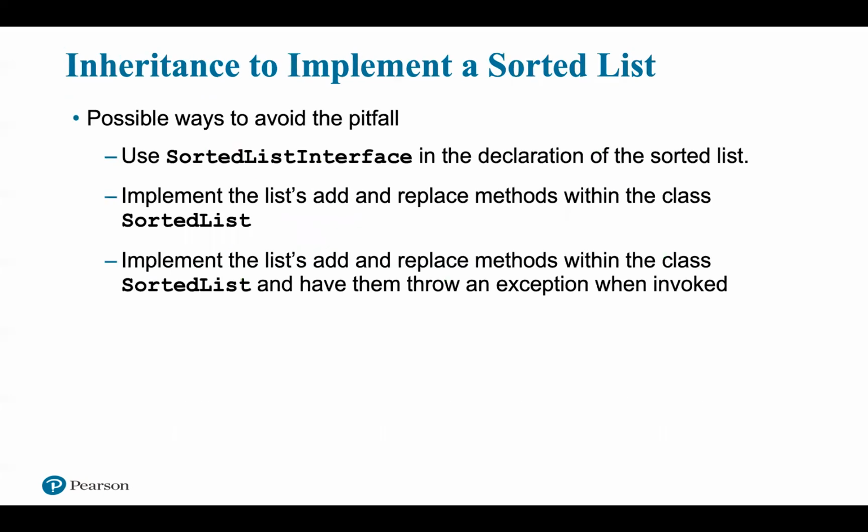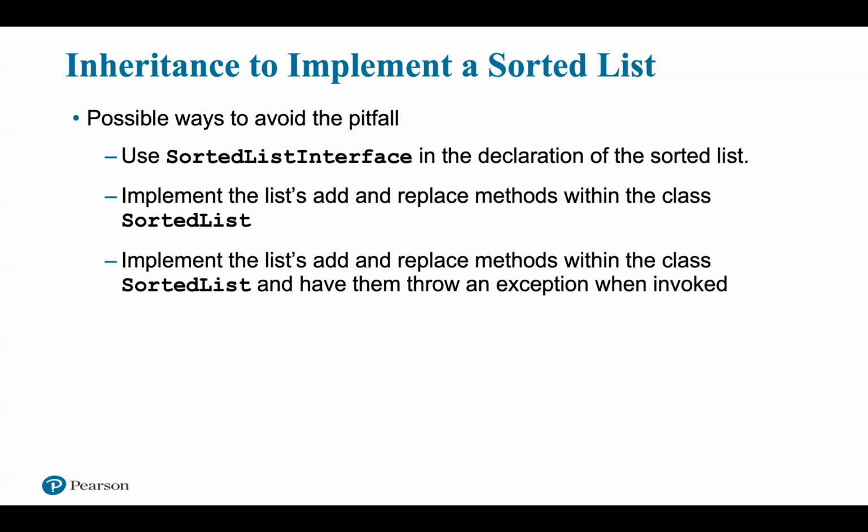So what are some possible ways to avoid the pitfall? Here are three possibilities. Use SortedListInterface in the client's declaration of the sorted list. For example, if a new client contains SortedListInterface<String> sList = new SortedList, it can use sList to invoke only methods declared within SortedListInterface.